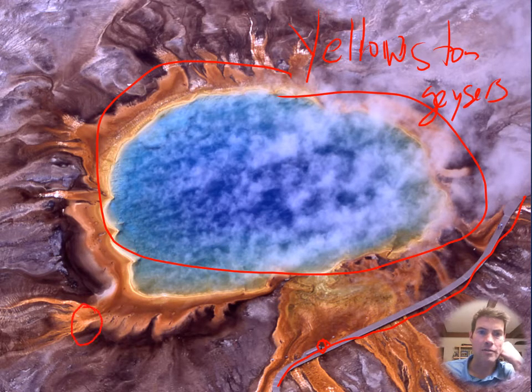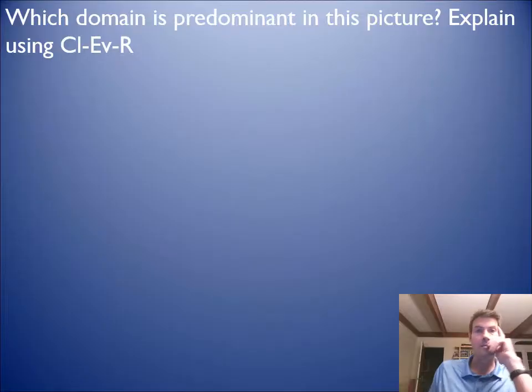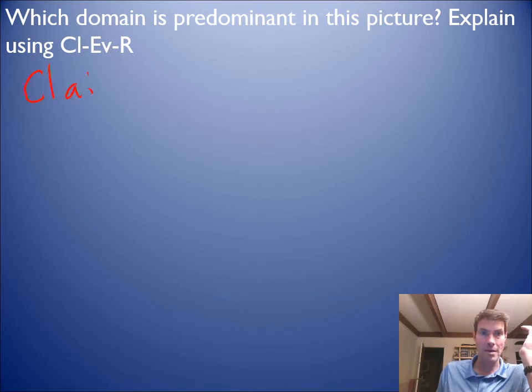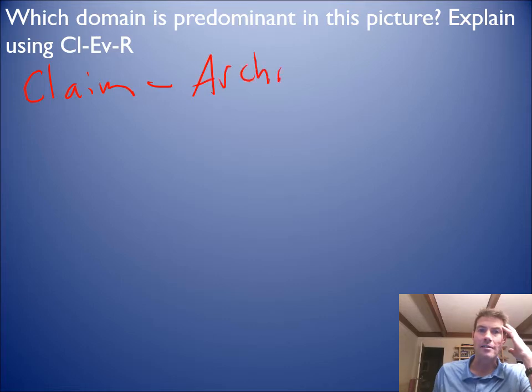And this is not Old Faithful, but you probably heard of Old Faithful. I'm sorry, I don't know the name of this pond, but I really want to go there. That looks just phenomenal. But let's do claim, evidence, reasoning, and explain what's going on. So what would our claim be? Which domain is predominant? Think about that. It looks pretty hot, doesn't it? If you look back, you'll see steam coming off there. So maybe we'll say archaea.